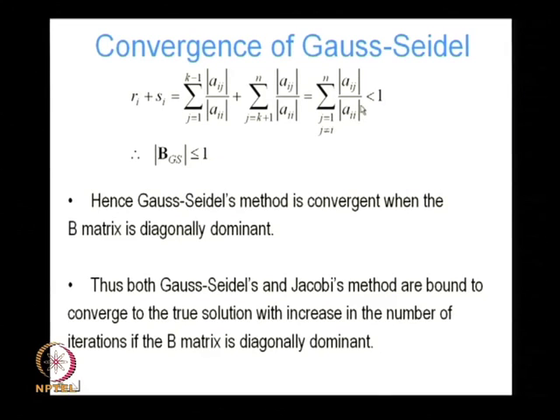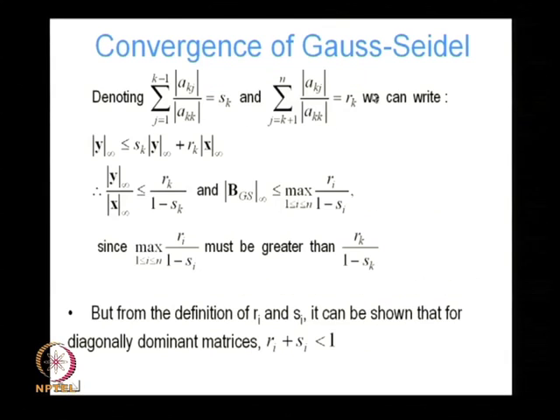The sum of the absolute values of the off diagonal terms is going to be less than the absolute value of the diagonal term. So, that is when the matrix is strictly diagonally dominant. So, if the matrix is strictly diagonally dominant, Ri plus Si will be less than 1, which means that BGS must be less than 1.